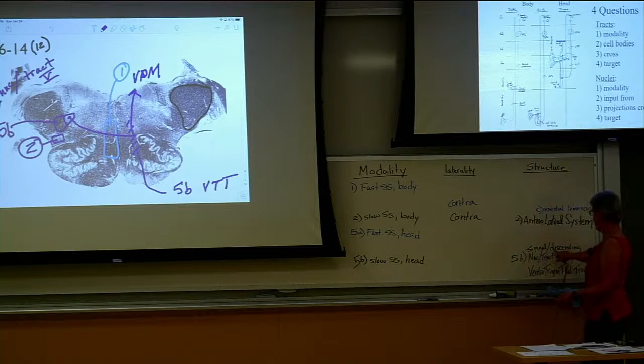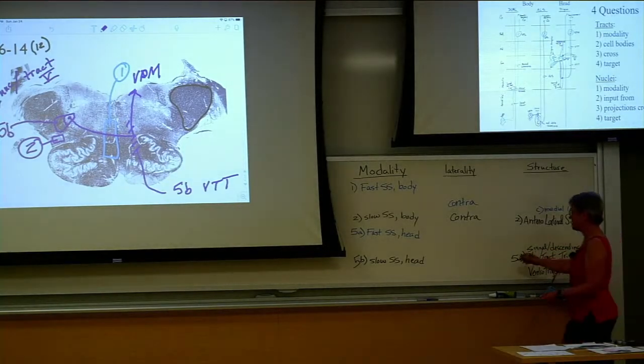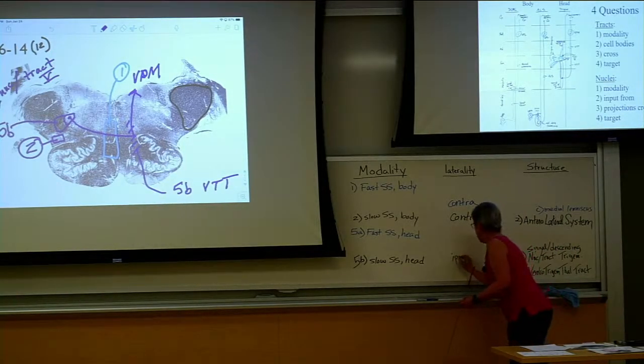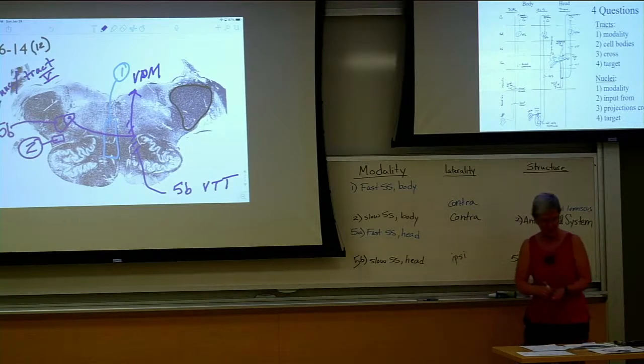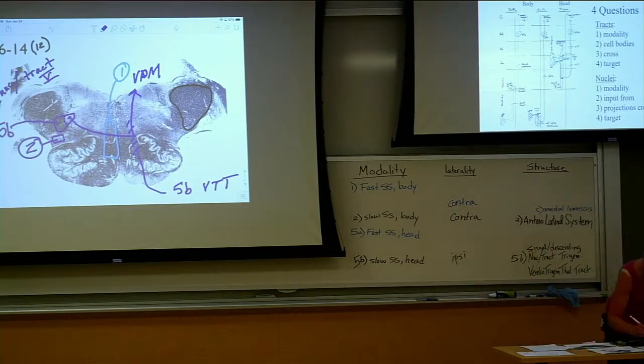The spinal nucleus and tract, that information is coming from the ipsilateral side because, of course, these are primary afferents sending their information in, running in the tract, and making the first synapse here in the nucleus. Do primary sensory afferents cross the midline? Pause if you need to.